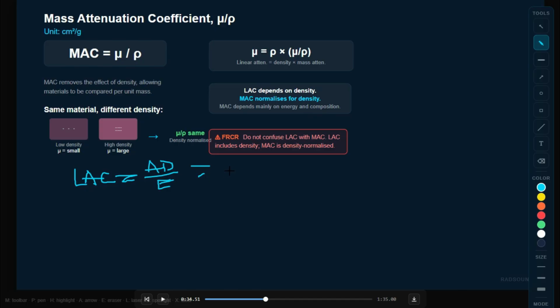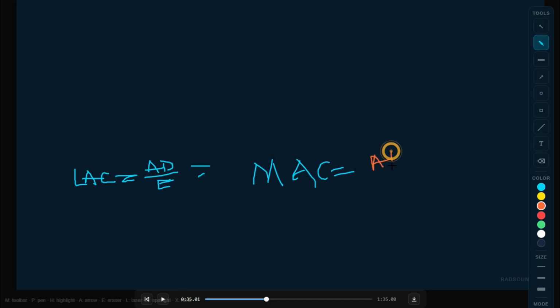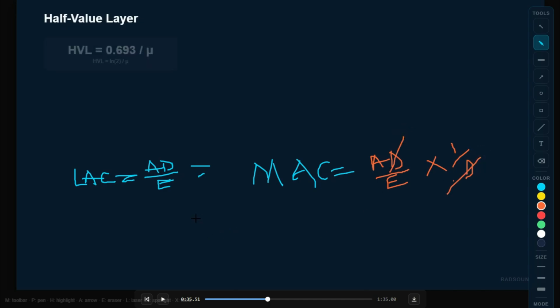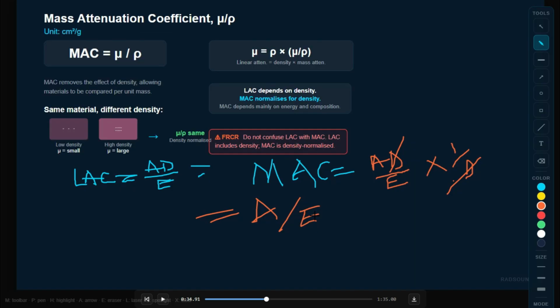So the mass attenuation coefficient equals atomic number times density over energy, multiplied by 1 over D. So this cancels. The mass attenuation coefficient will now equal atomic number over energy. Meaning in the mass attenuation coefficient, only atomic number and energy matter.